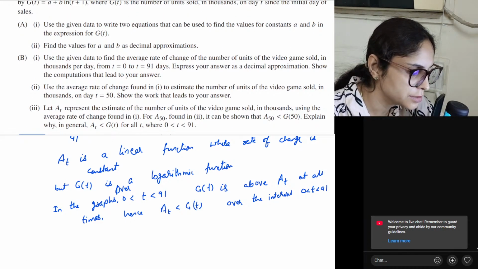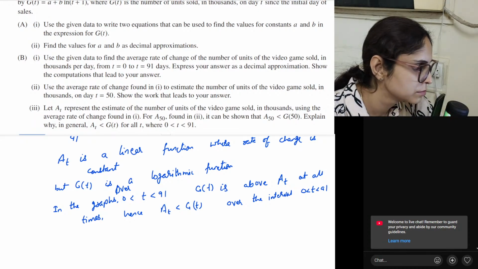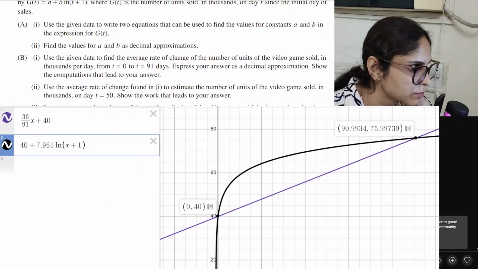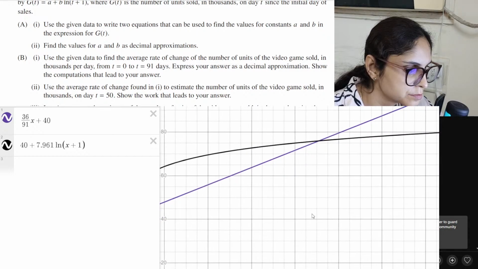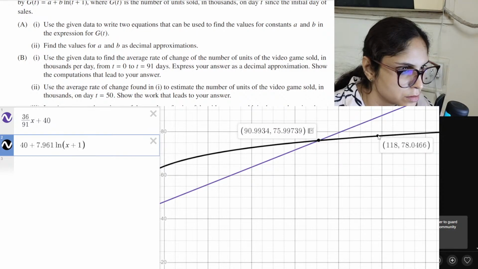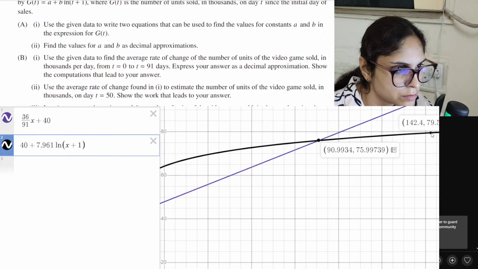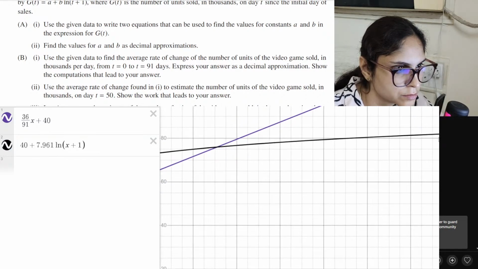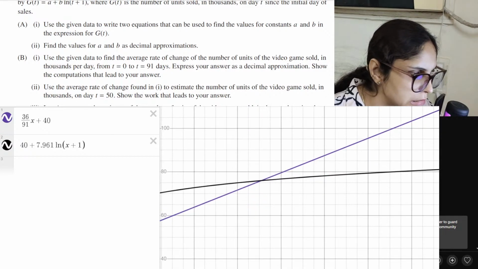So if you look at the graph again, if you move it towards after 91, the model is still increasing.